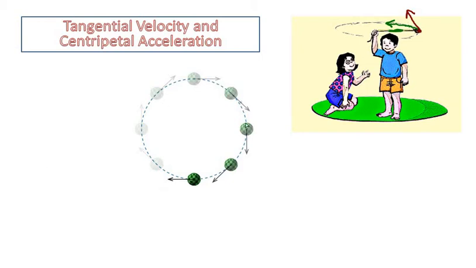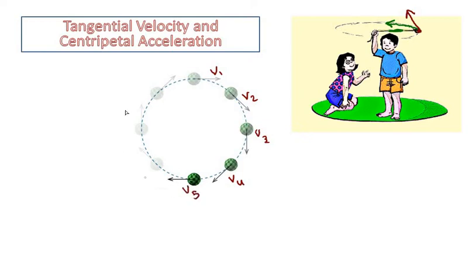So for any object moving in a circular path, the velocity at any point is a tangent to the circular path of that object. Let's say this is V1, this is V2, this is V3, V4, V5.